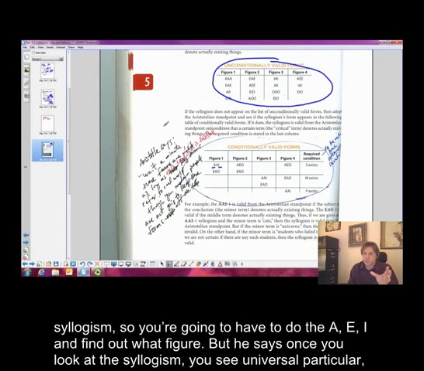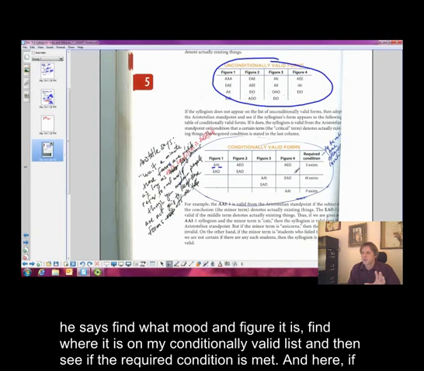So you're going to have to do the A, E, I, and find out what figure. But he says once you look at the syllogism, you see universal, particular, he says find what mood and figure it is, find where it is on my conditionally valid list, and then see if the required condition is met.